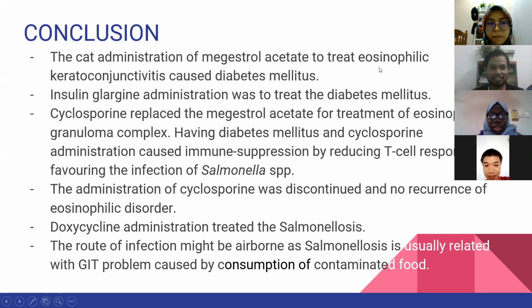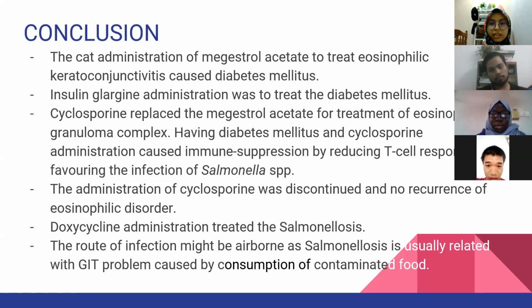For the conclusion, does anybody want to conclude what happened in this case? I can. First, the cat was administered megestrol acetate from the history.